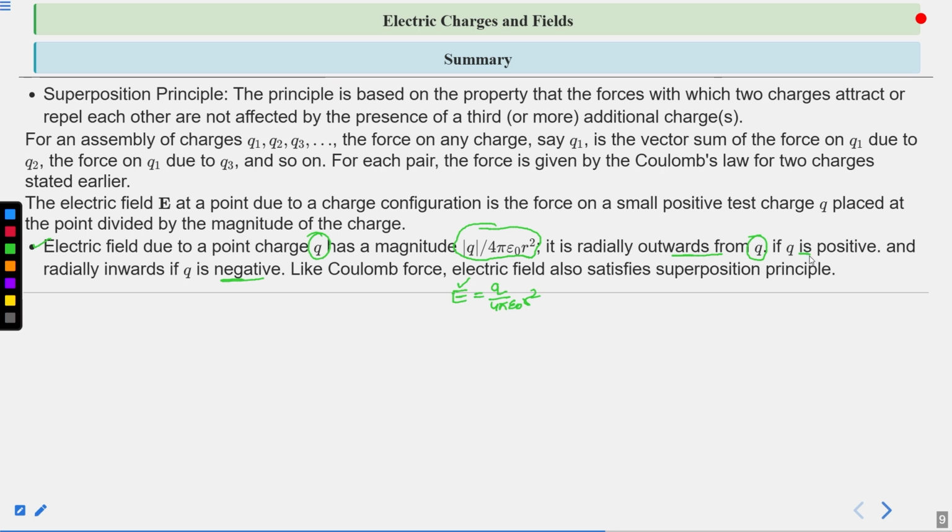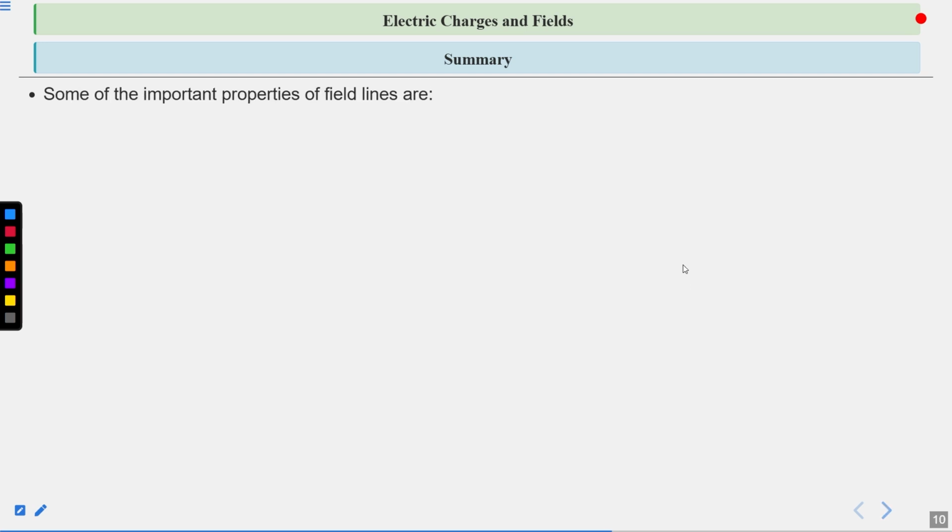If the charge is positive, the direction is radially outward. If the charge is negative, the direction is radially inwards. Clear? Like Coulomb force, electric field also satisfies the superposition principle.